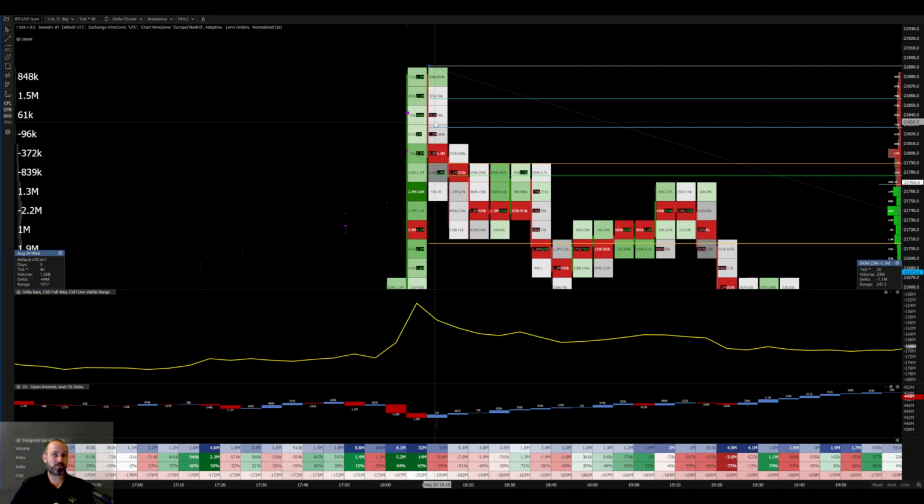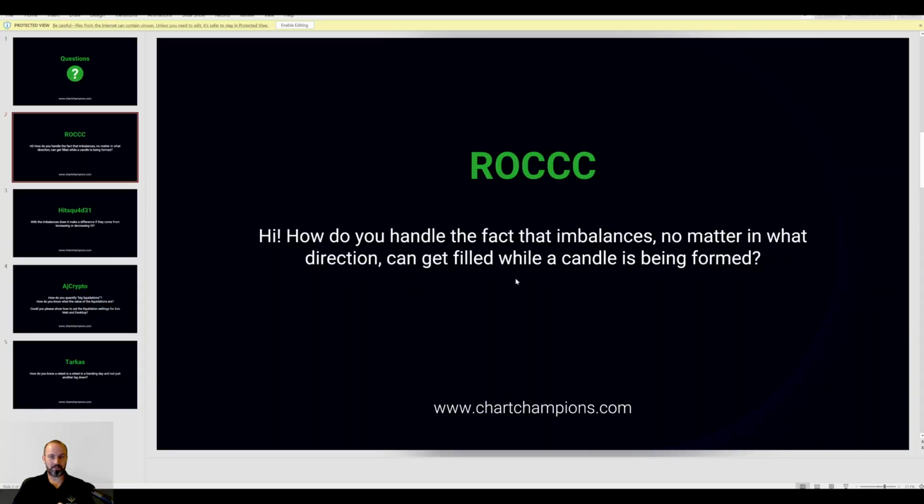So for me, that is not a problem. If you see the price pushing to the upside with buying imbalances, and then you start to see selling imbalances forming here, and some of these buying imbalances are filled, that is a good reaction for me. That is one of the best reactions that you want to see, because that will show me that a lot of traders are willing to participate to short that move. So that is a good reaction.